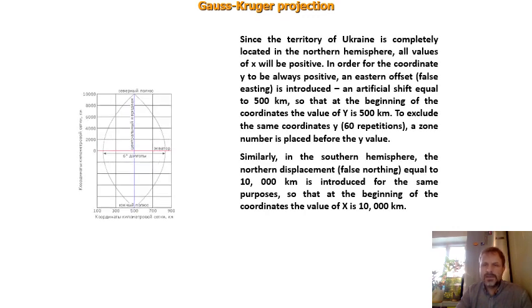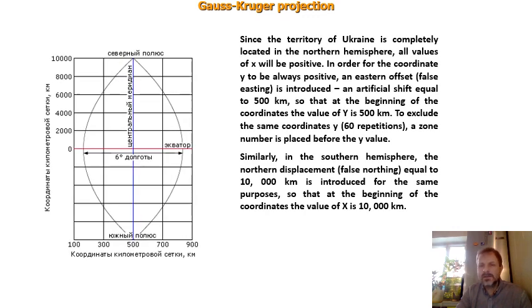Since the territory of Ukraine is completely located in the northern hemisphere, all values of x coordinates will be positive. In order for the coordinate y to be always positive, an eastern offset, or false easting, is introduced: an artificial shift equal to 500 kilometers, so that at the beginning of the coordinates the value of y is 500 kilometers.